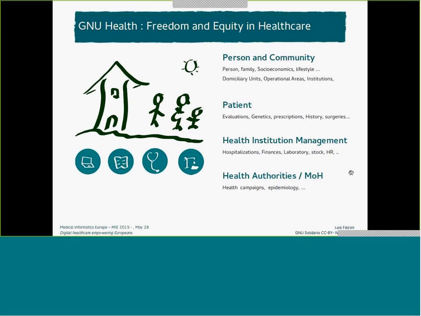They deal with anything related to daily life on health issues. And those are providers, families, the human resources, dealing with things such as hospitalizations.